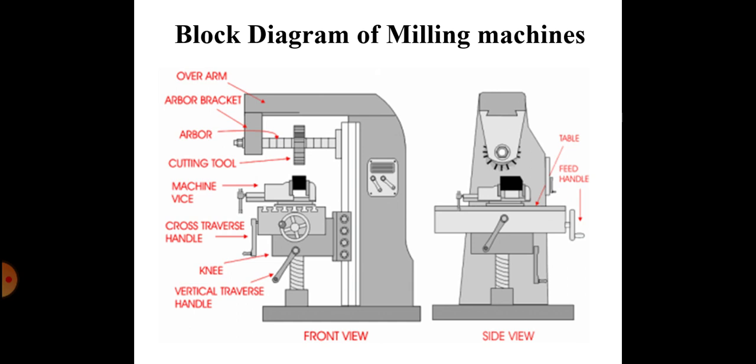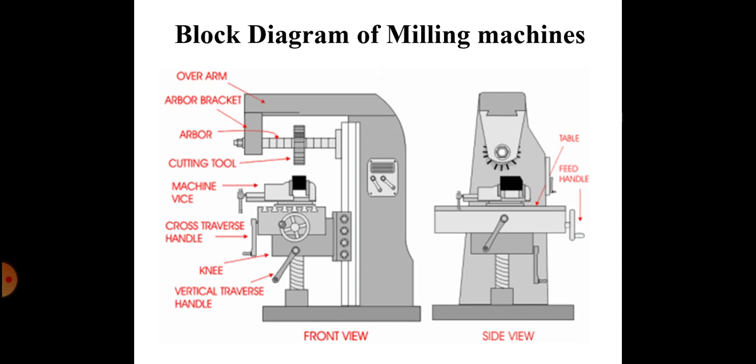On the top of the column, the overarm is present, which is used to support the arbor. It is shown in that figure, the overarm on the top side of this milling machine in the front view.